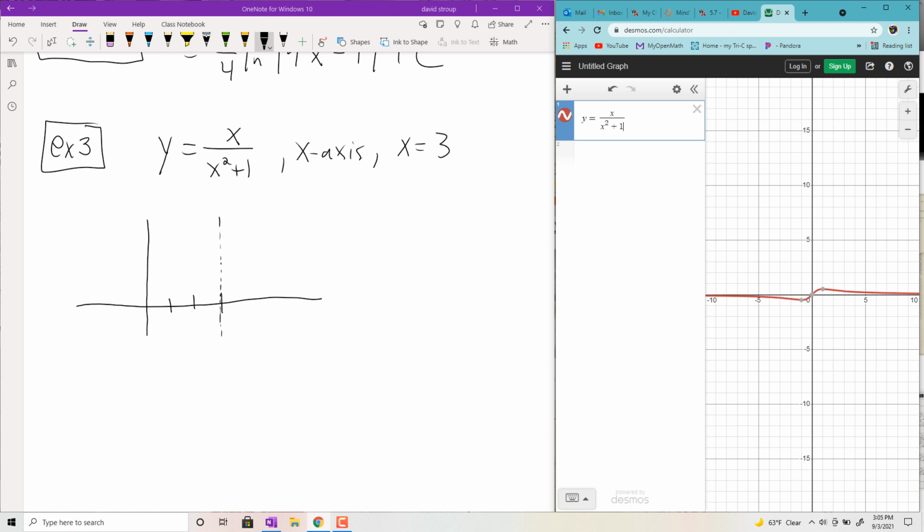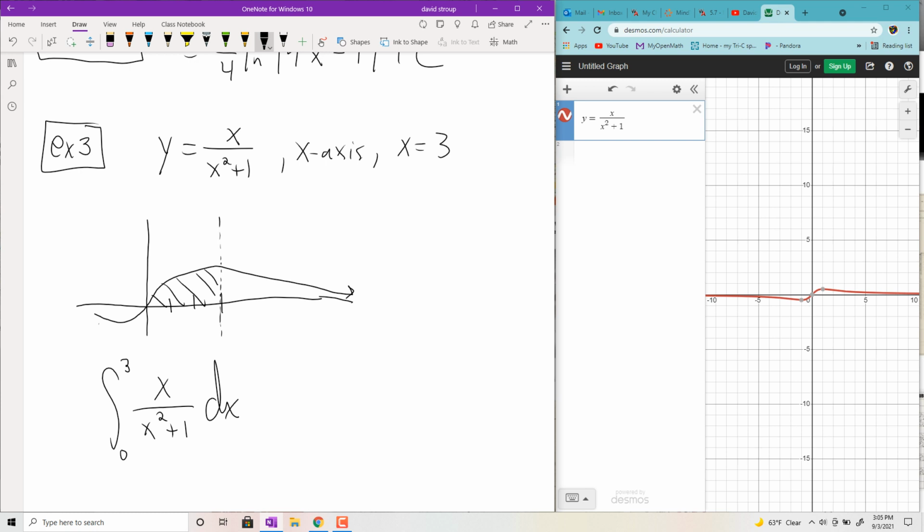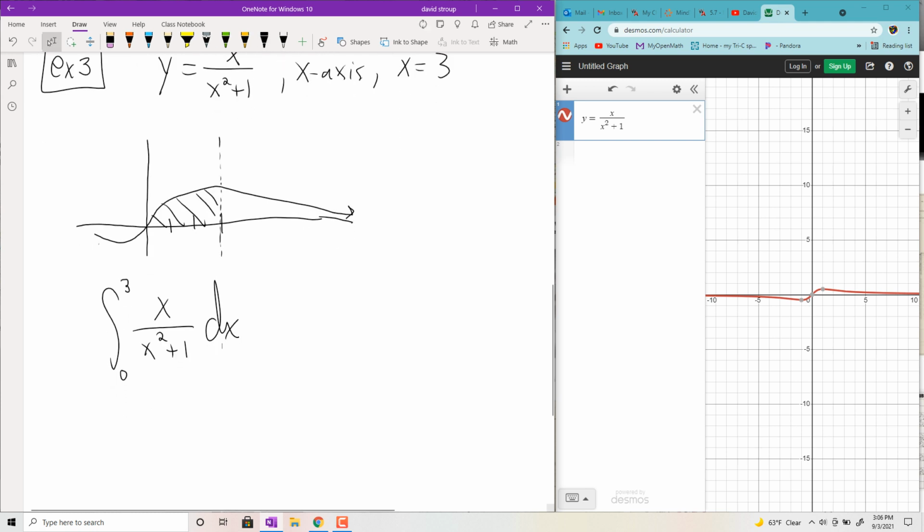Okay, so something like this. And then at 3, I'm not sure what it's doing, but it's going to go something like that. Okay, so the region we're after then is going to be this region. And so on our integral, we can just integrate from 0 to 3 of this function x over x squared plus 1. And that integral then will give us the area underneath that curve.